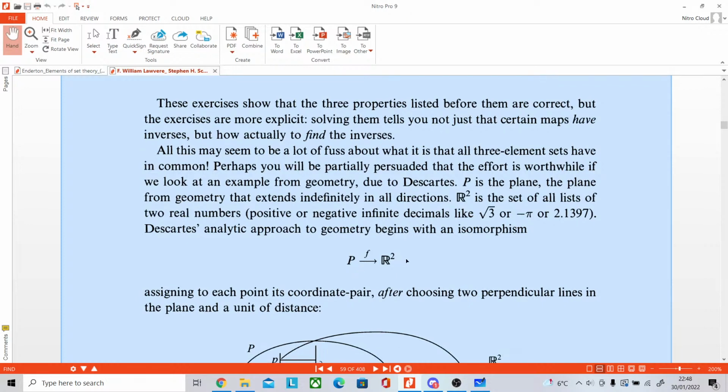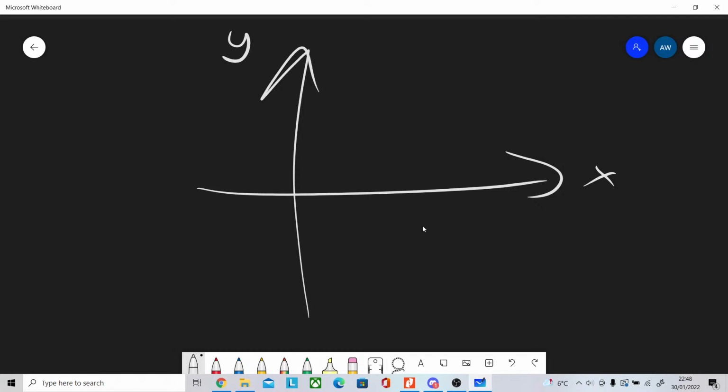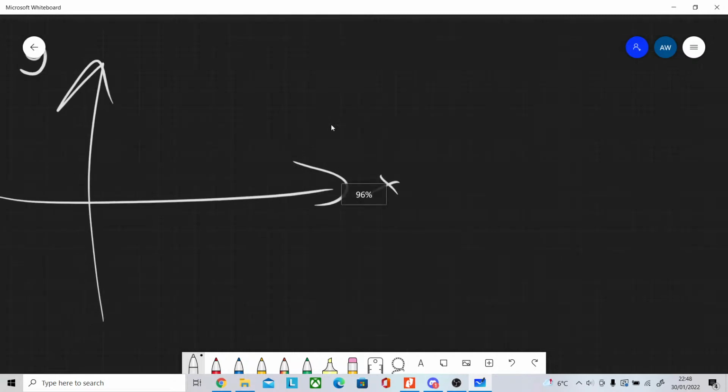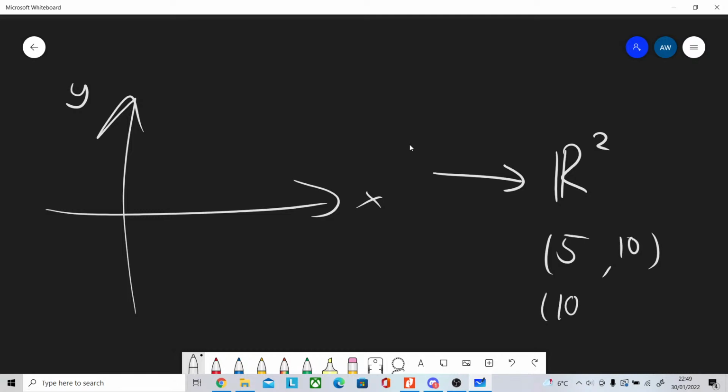The plane is the usual xy plane. And there's an isomorphism between this and R squared. So R squared is basically the set of ordered pairs of any two real numbers, like 5, 10 or 10, 5.